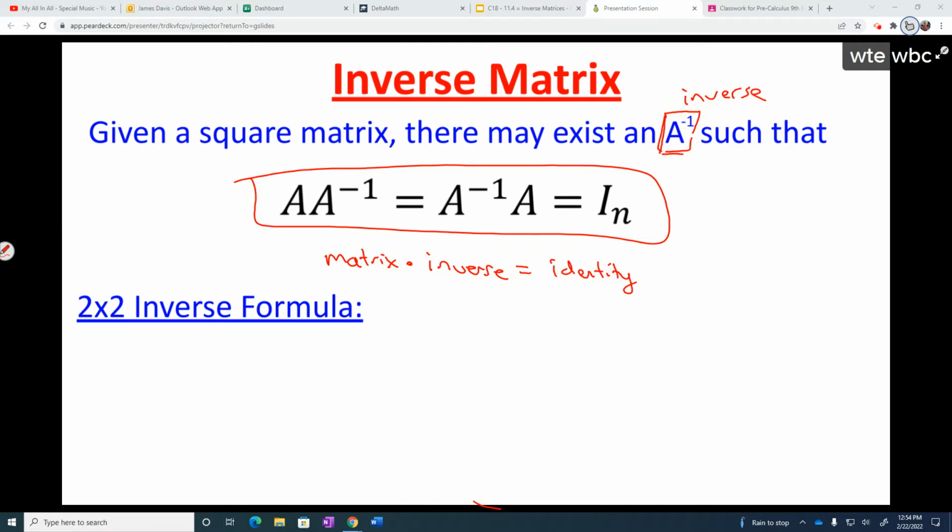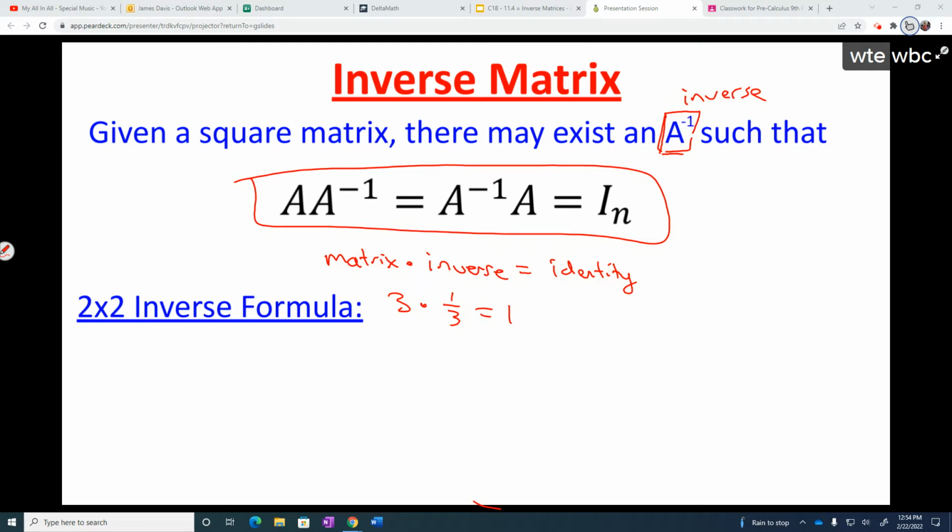Sort of like if you were to multiply 3 times 3's inverse, 1/3, okay? You would get 3 over 3, which is 1. So matrix times inverse is the identity matrix.